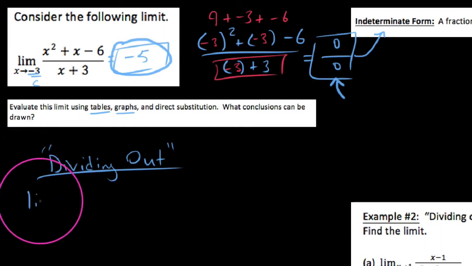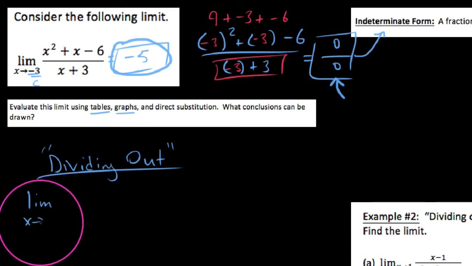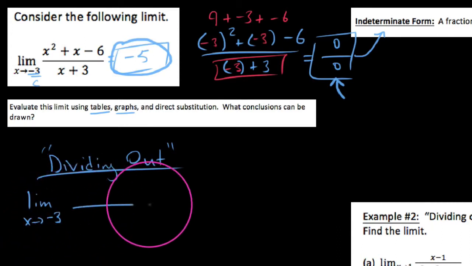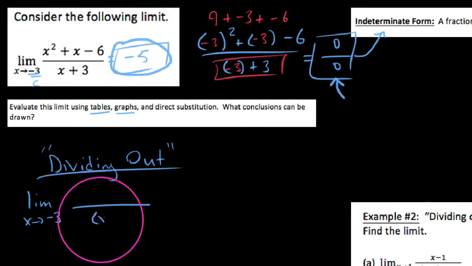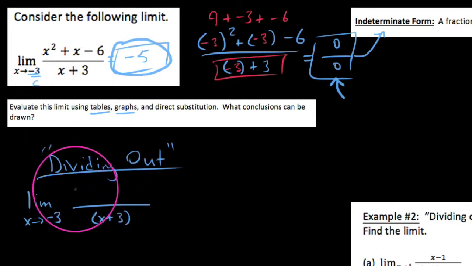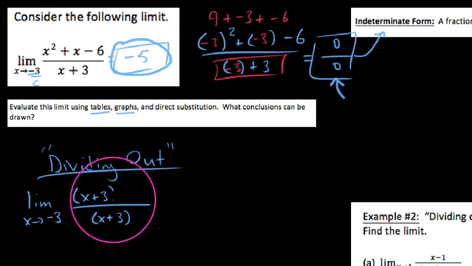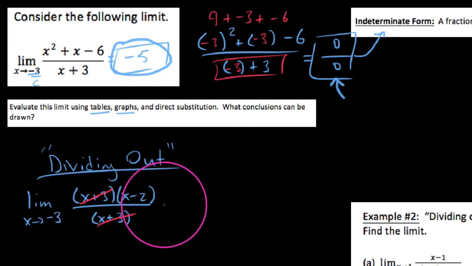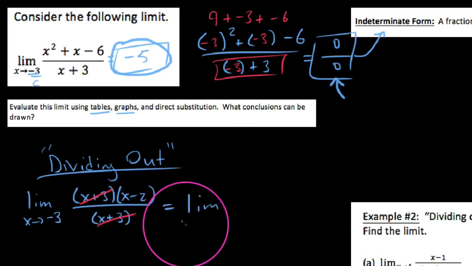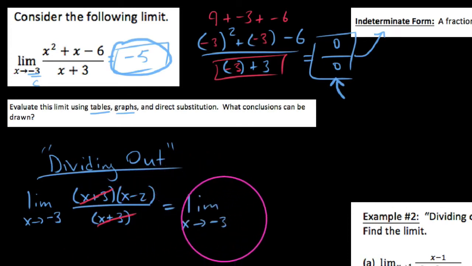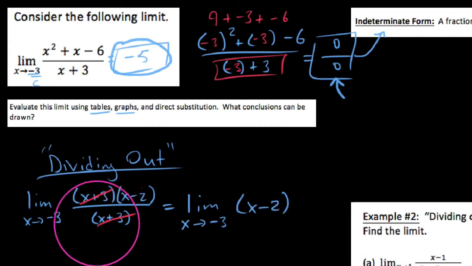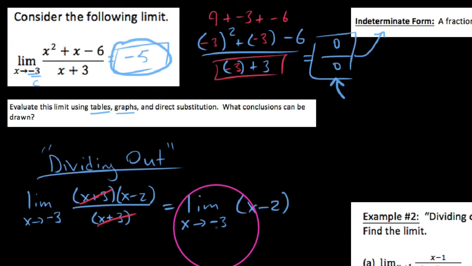So for instance, if we rewrite this expression, the limit as x approaches -3 of the top polynomial over the bottom polynomial, which was x plus 3, I noticed that the top factors into x plus 3 and x minus 2, so it could be rewritten as the limit as x approaches -3 of x minus 2.